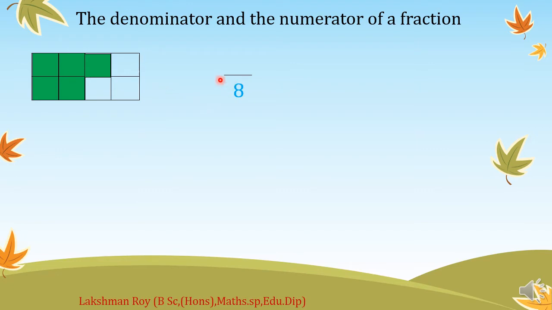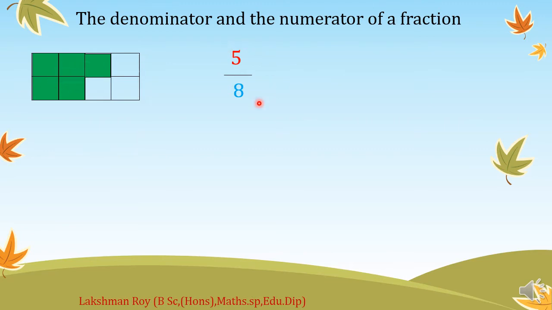So then I should write another number above this line, that is what I want to represent, this colored part. Now 1, 2, 3, 4, 5 parts colored, right? So this is my fraction. Now this one you know how to read, right? 5, 8, 5, 8.